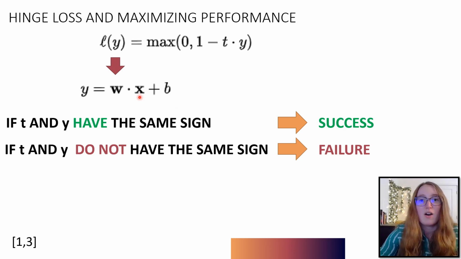If the sign of t matches the sign of y, let's say that both are negative, then we know that the proper classification of a given input data point was made. However, if the signs of t and y are not the same, then the data was misclassified.